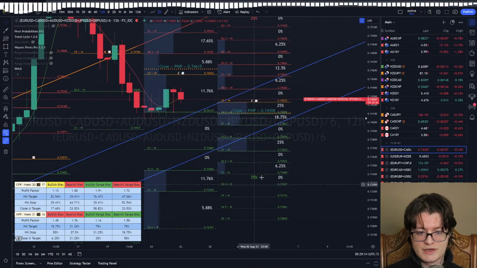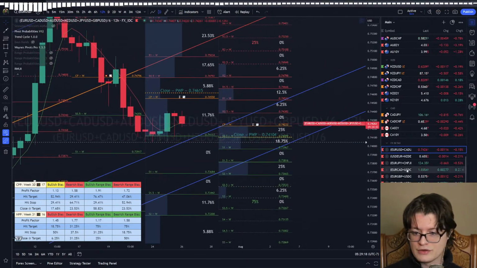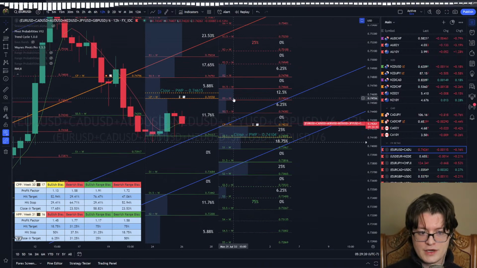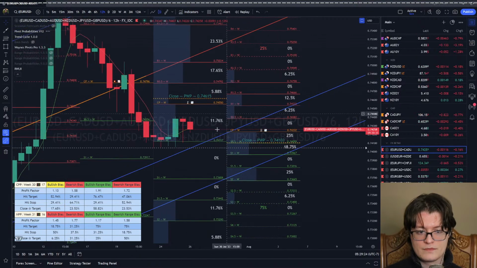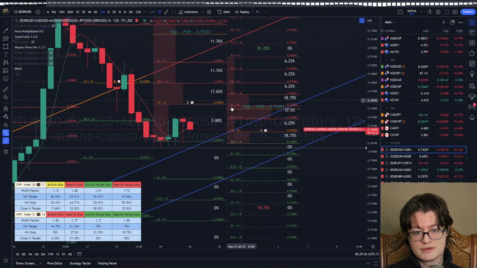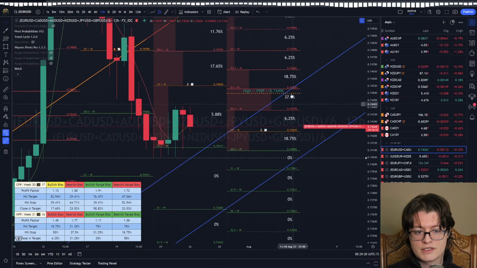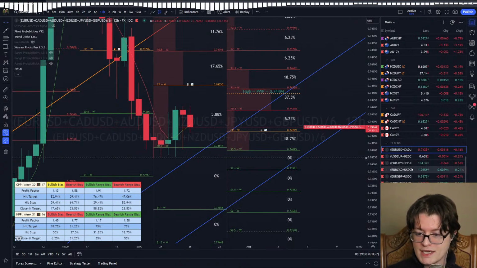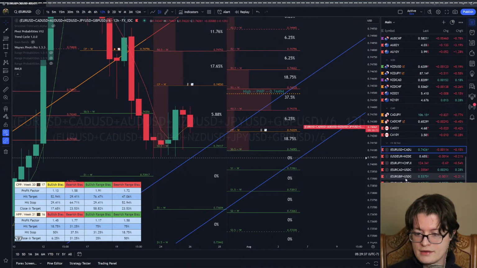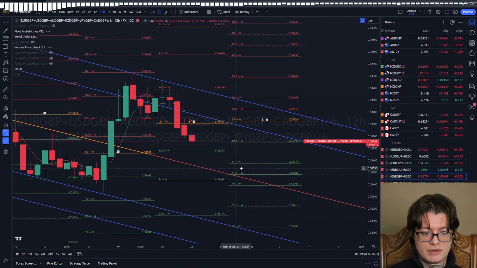So 75% of the time next week over the last 16 years, dollar got stronger on a closing basis. So I would want to probably buy any dollar dips around that R1 next week. So yeah, this lines up with my current expectation for how I think dollar's going to play out.